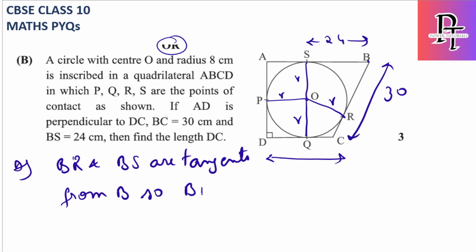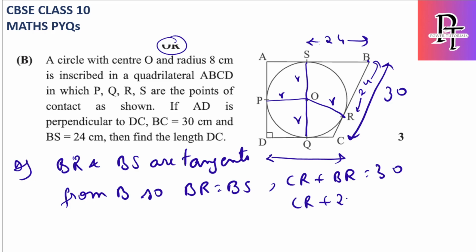So BR is equal to BS, and this is 24. CR plus BR is equal to 30, and BS and BR are equal, so simply CR plus 24 is equal to 30. So CR is 6 centimeters.